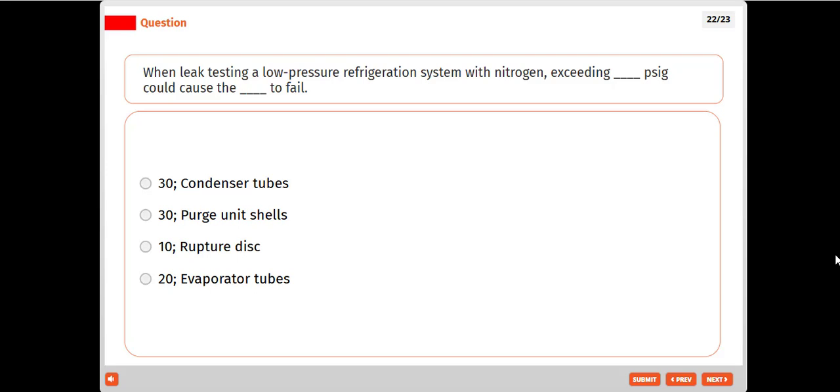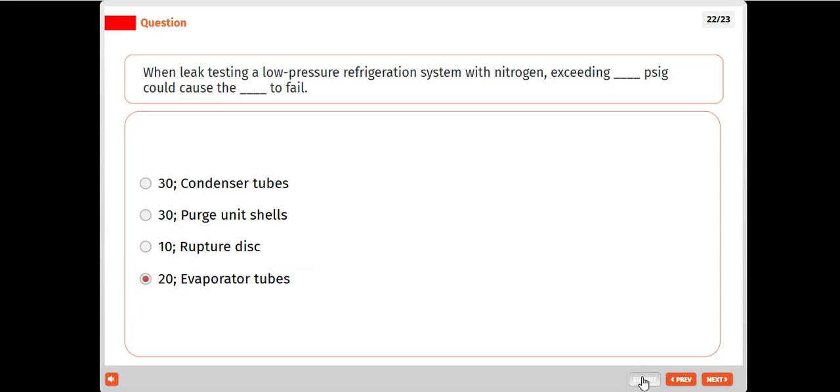When leak testing a low pressure refrigeration system with nitrogen, exceeding blank psi could cause the rupture disc to fail. 30 psi condenser tube, 30 per unit chilled, 10 ruptured disk, 20 evaporator.